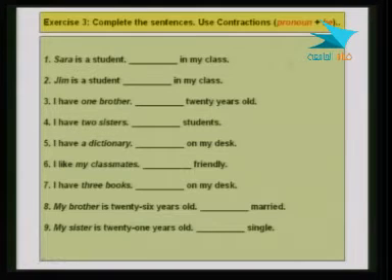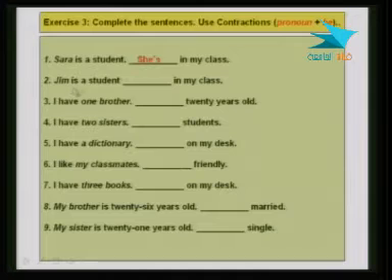Now we want to make contractions. We want to put together this name here, Sarah, and is. So we'll say what? She's, right? We use the pronoun she. She's in my class, right? Because here, as you can see, we want to use a pronoun plus be.